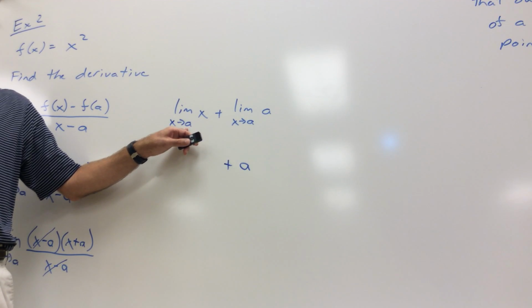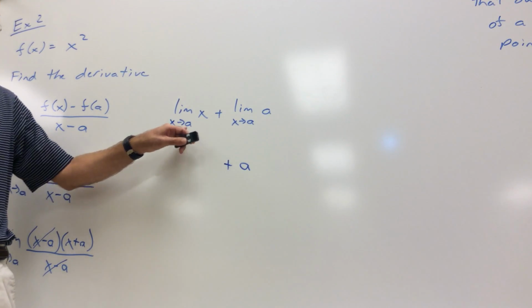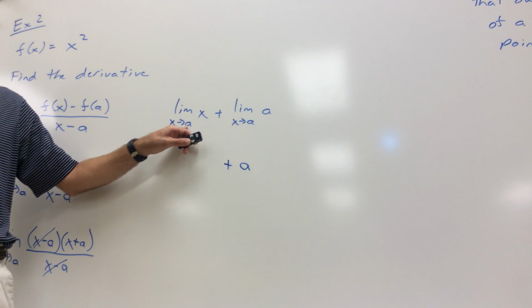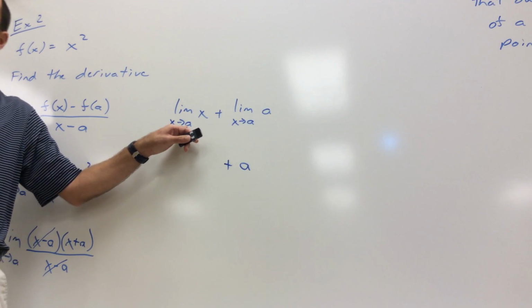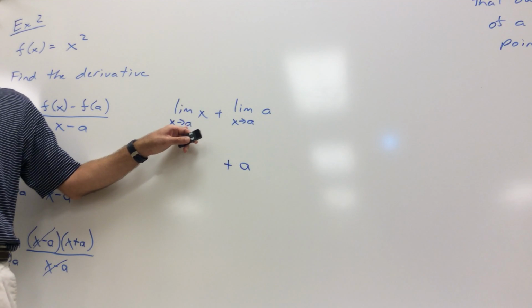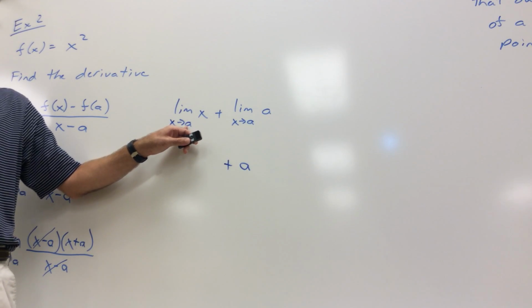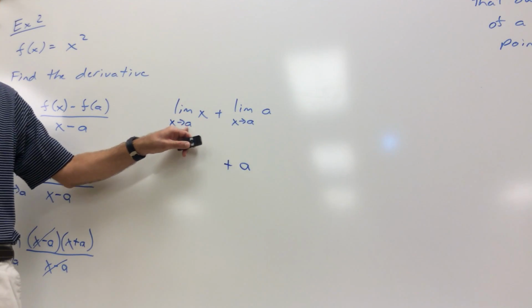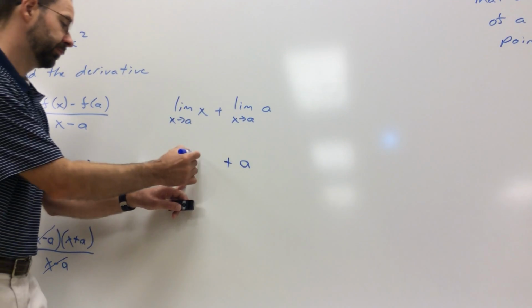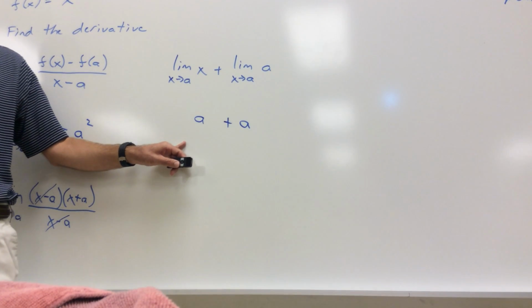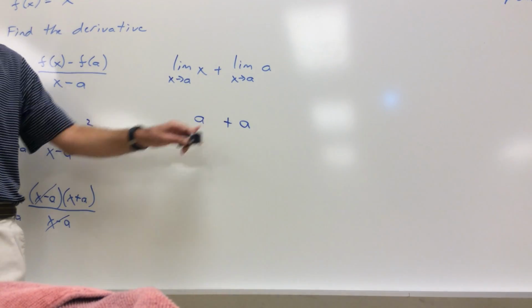So those are getting close to 2. Or if a was 7, you'd plug 6.9 in and it would spit out 6.9. You'd plug 6.99 in, it would spit out 6.99. So those are getting close to 7. So this is getting close to a as well. And then a plus a is 2a.